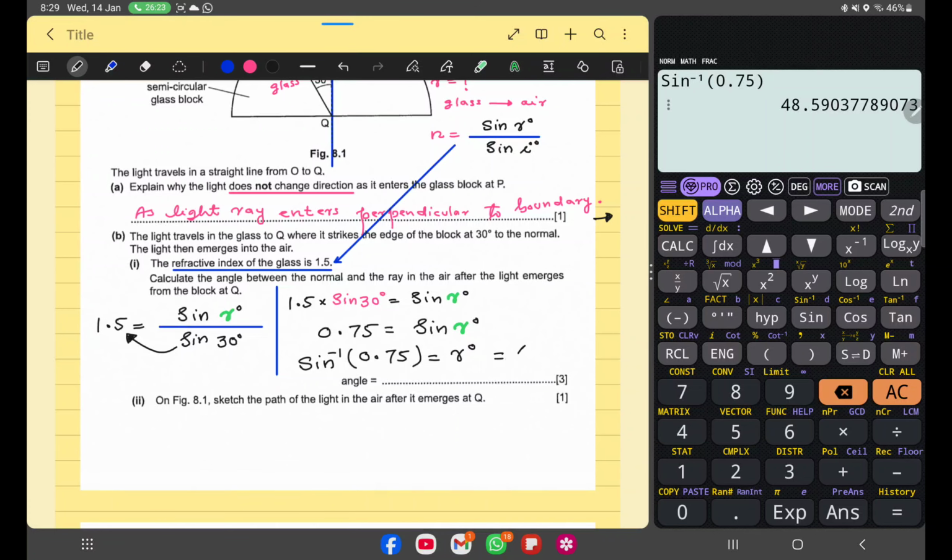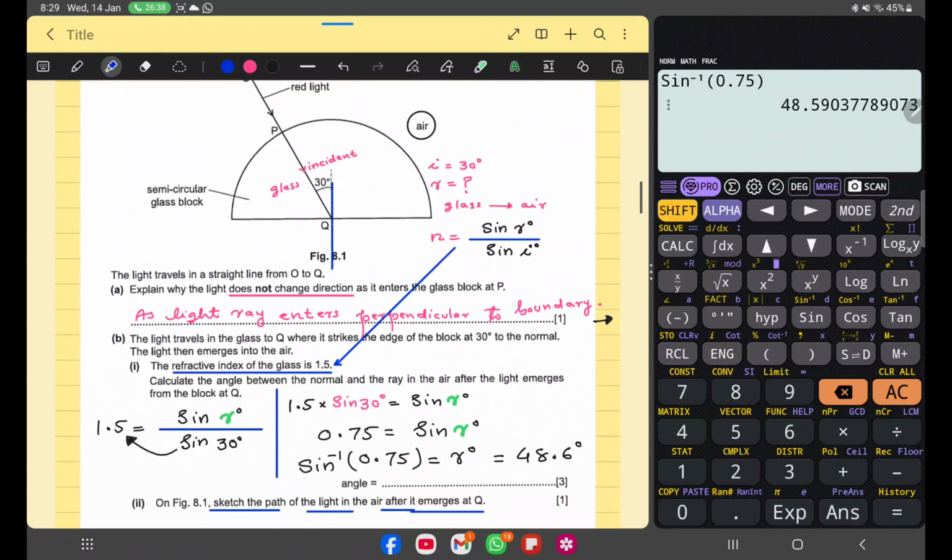So the angle is 48.6 degrees. Or you can round off to 49 degrees, because you have to draw the path of light as the light emerges from Q. So you will measure the angle with the normal, 48 or 49 degrees, because on a protractor you cannot read 48.6.